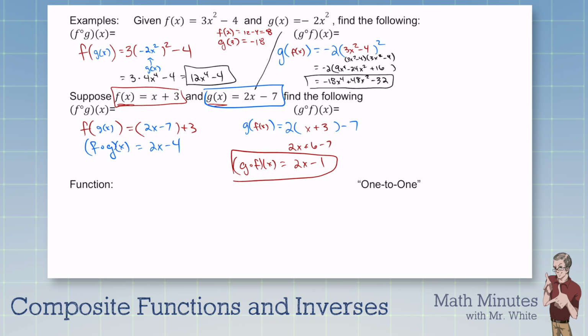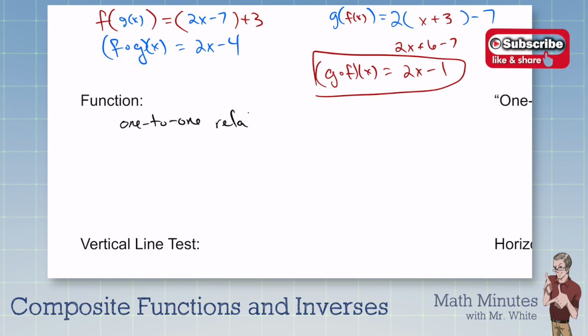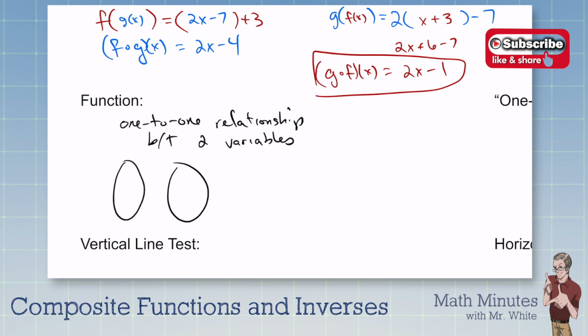So let's roll back a little bit and make sure we remember what a function is. A function is a one-to-one relationship between two variables. Sometimes we do these kinds of charts where we say, okay, if I put 1 into the machine, into the function, maybe I get 2 out.